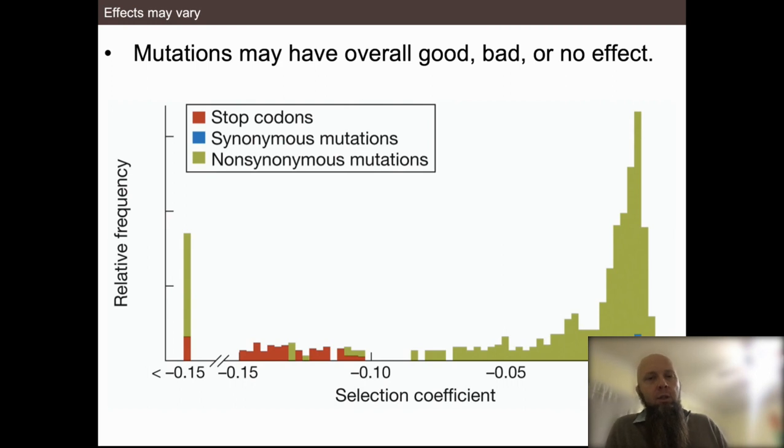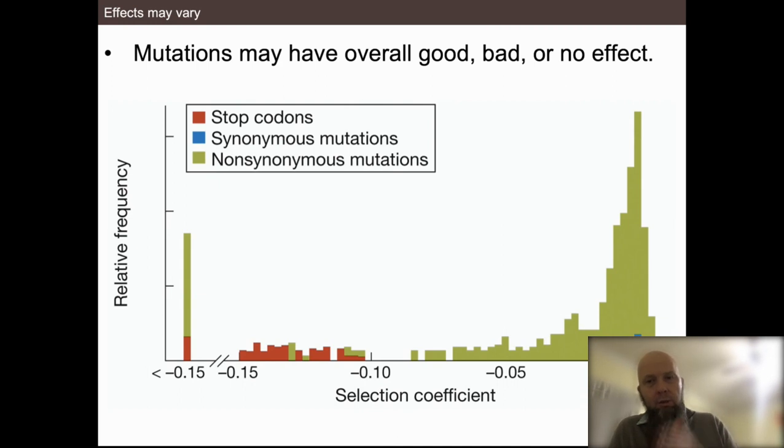So the selection coefficient, or the x-axis here, describes how bad is this mutation for you, a particular mutation. How bad is it for the individual compared to what they were before the mutation?